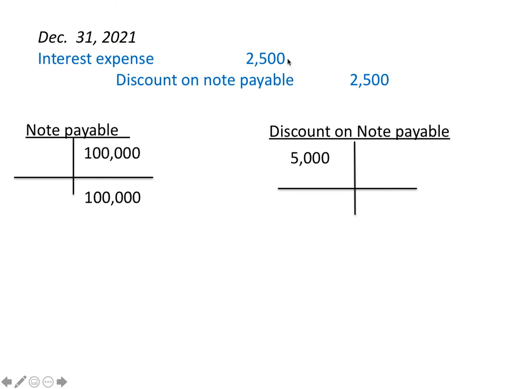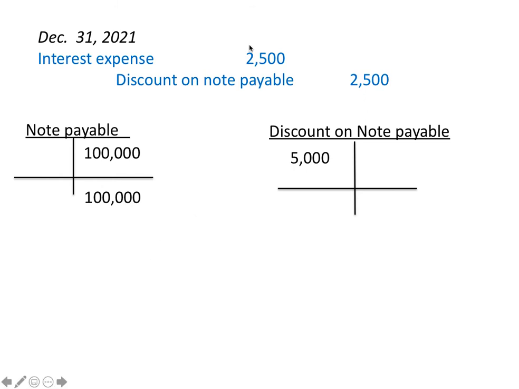They will accrue $2,500, representing 3 months of interest, but instead of crediting the interest payable account, they will now decrease the discount on the note payable. This $5,000 represents interest that will be paid on the note.